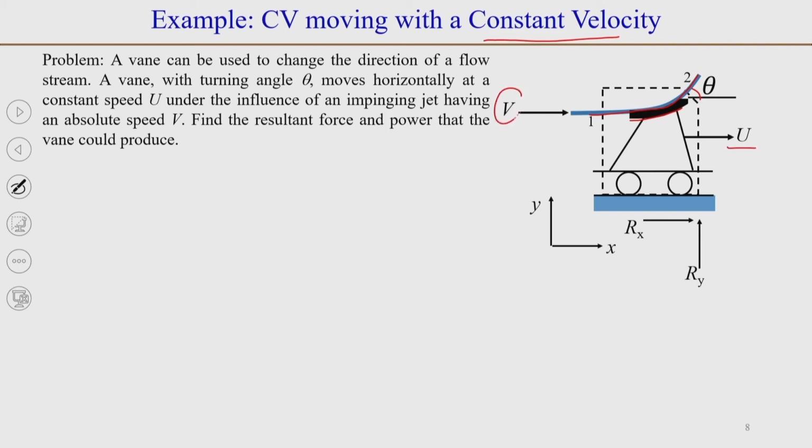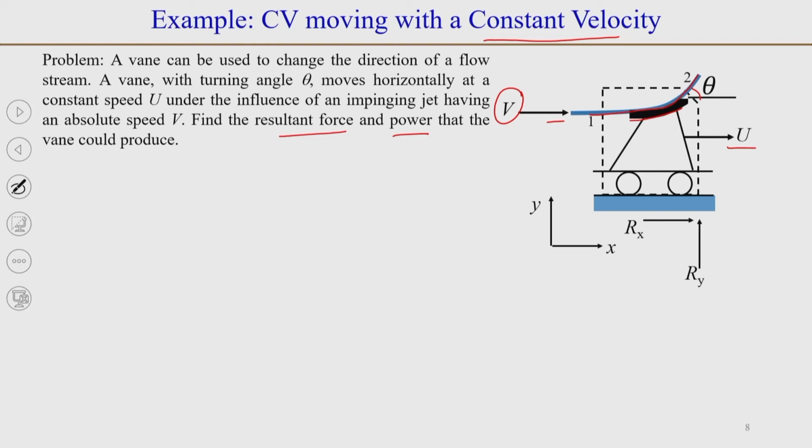The jet comes with a speed v, and it is aligned with the x direction when it approaches the vane. So, it moves under the influence of an impinging jet having an absolute speed v. What we need to find is the resultant force and the power that the vane could produce.